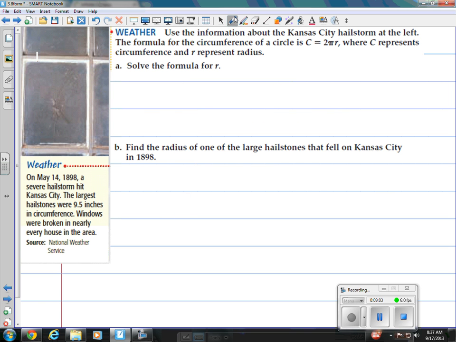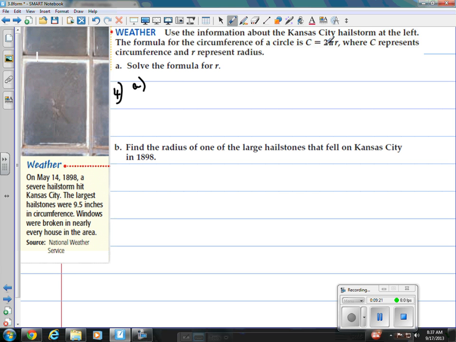Alright, example 4. If you would just read along with the word problem, we'll go along with each part as we go. So it says, use the information about the Kansas City hailstorm at the left.